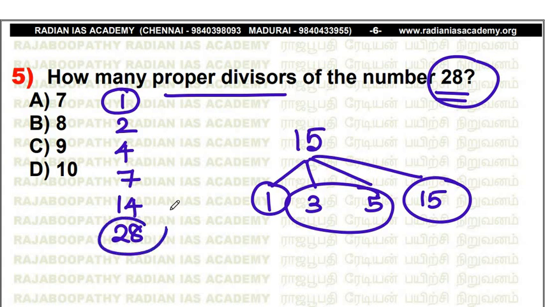So for this question, none of the options match. The proper divisors are 4. Actually I gave 48, they typed 28.